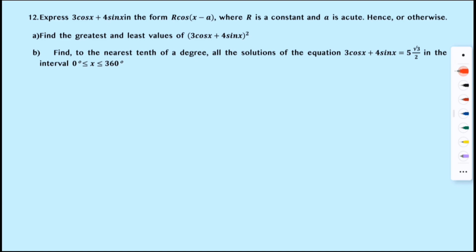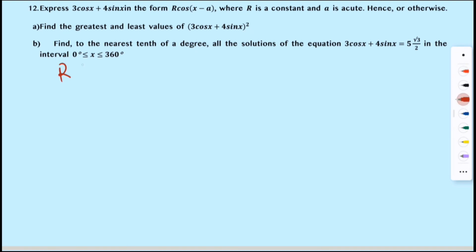And find, to the nearest tenth of a degree, all the solutions of the equation 3 cos x plus 4 sin x equal to 5 root 3 over 2 in the interval 0 degrees to 360 degrees.